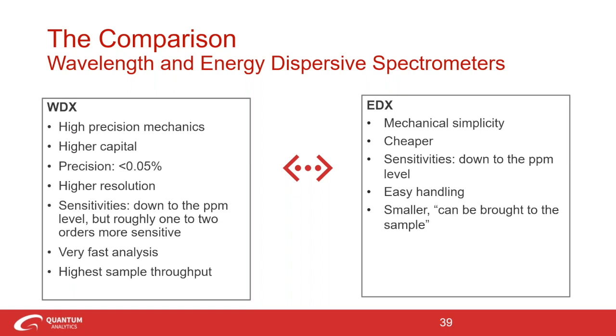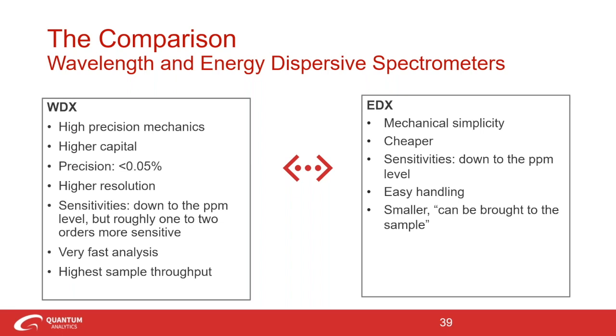Again, I like these little comparisons. You have some information about one versus the other. Why do I go with one? What are the differences? With the WD, you have very high precision mechanics. Remember, I talked about the goniometer and the crystal changer, and that is very critical to this type of measurement.